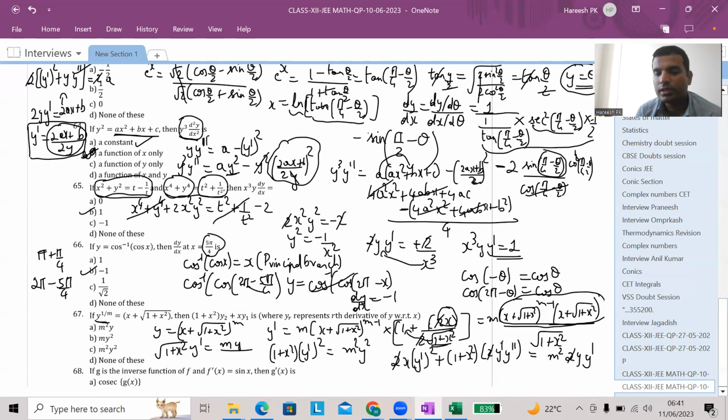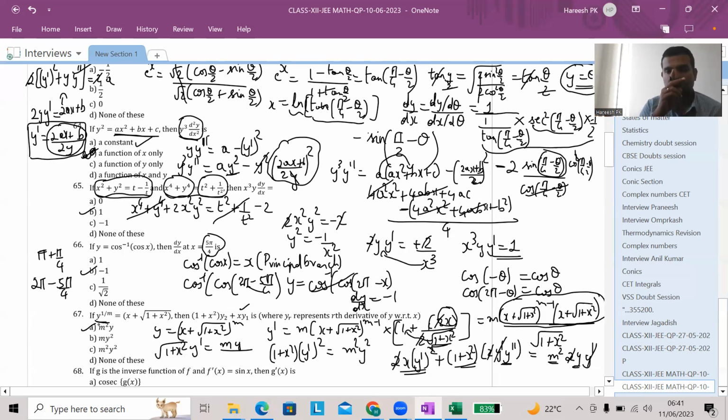Y dash can get cancelled everywhere. So now you look at what is left is what is being asked. Xy dash, that's there here. And 1 plus x square y double dash, that's there here. So both of them put together will give you m square into y. So that's again option A, m square into y. So quite straightforward. All are kind of easy questions to handle.